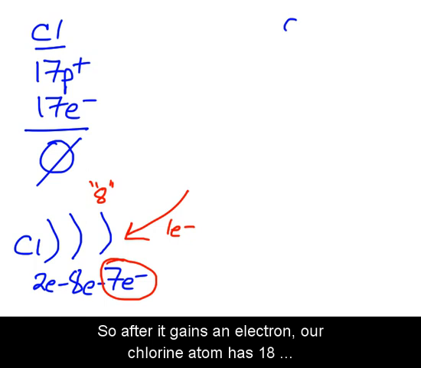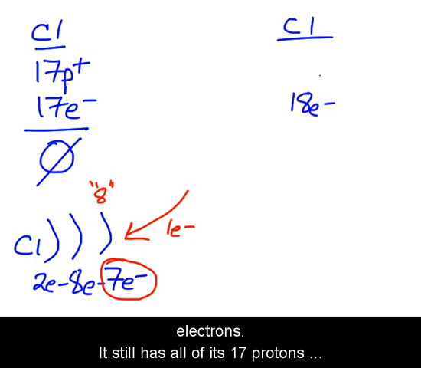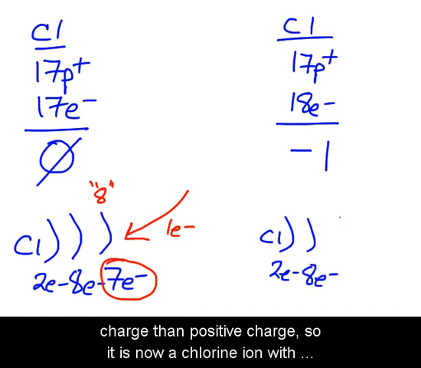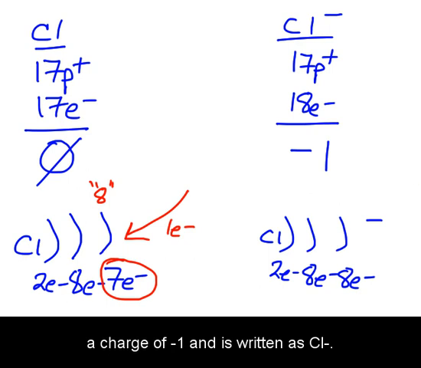So after it gains an electron, our chlorine atom has 18 electrons. It still has all of its 17 protons in its nucleus. It now has one more negative charge than positive charge, so it is now a chlorine ion with a charge of negative 1 and is written as the symbol for chlorine, Cl, with the negative charge superscript.